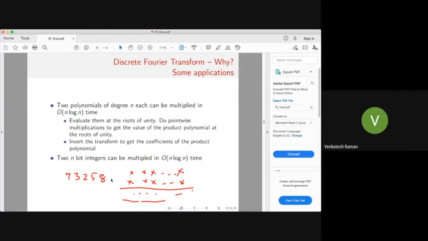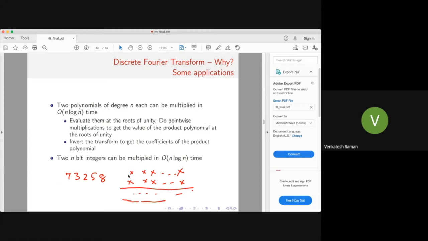Why? Because if you have a number like this, you can think of it as a degree 5 polynomial, right? 7 into 10 power 5 plus 3 into 10 power 4 plus 2 into 10 cube plus 5 into, and so on. So it's basically the evaluation of a polynomial of degree 5 at 10. You get this decimal number.